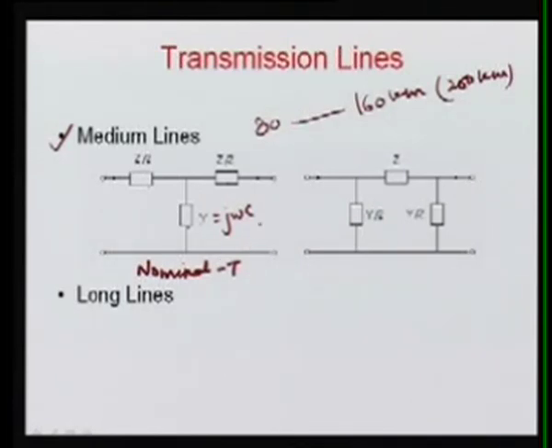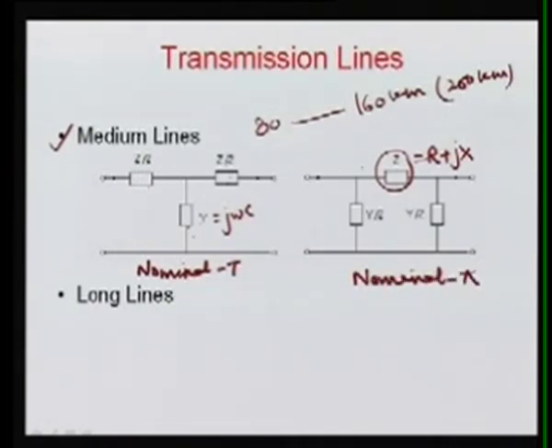We can also use the series part. This is a series impedance, and this is a shunt admittance. If the series impedance is lumped together, it is nothing but R plus jX. Then we can separate the charging part into two halves on both sides, and this is called your nominal pi.